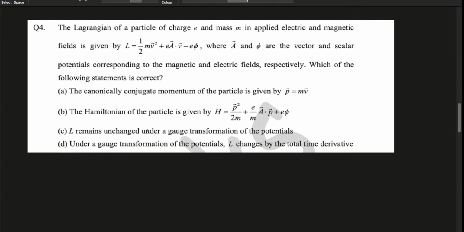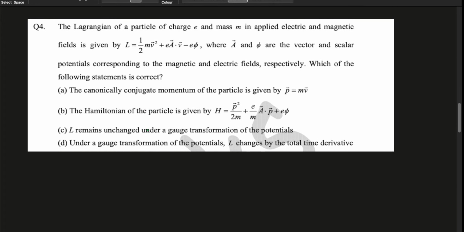The Lagrangian of a particle of charge E and mass m in applied electric and magnetic fields is given by L equal to half m v square plus E A dot v minus E phi, where A and phi are the vector and the scalar potential corresponding to the magnetic and the electric fields respectively. Which of the following statements is correct?